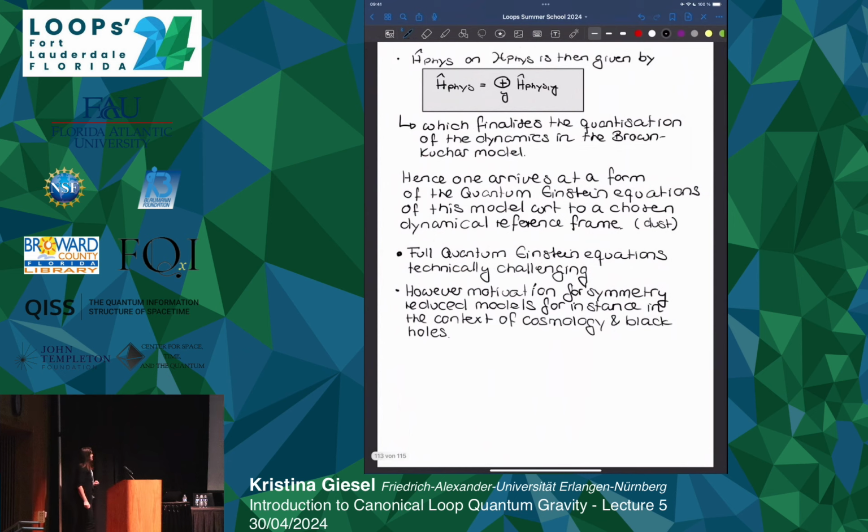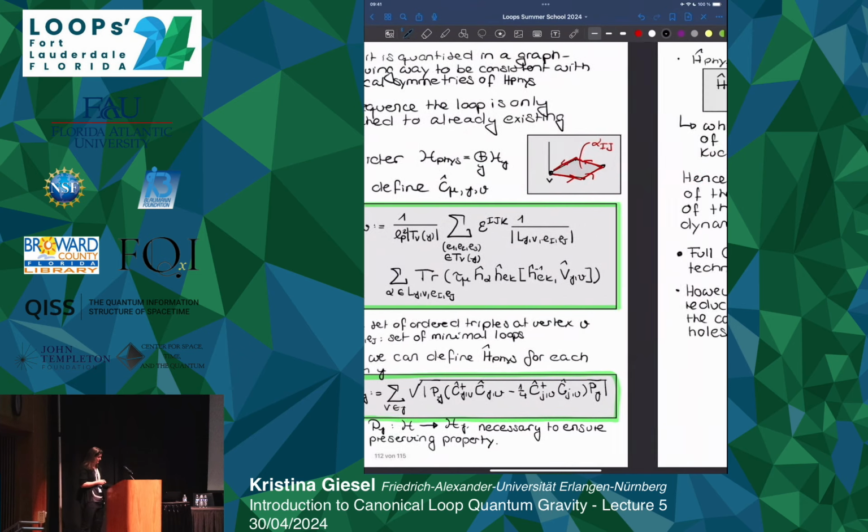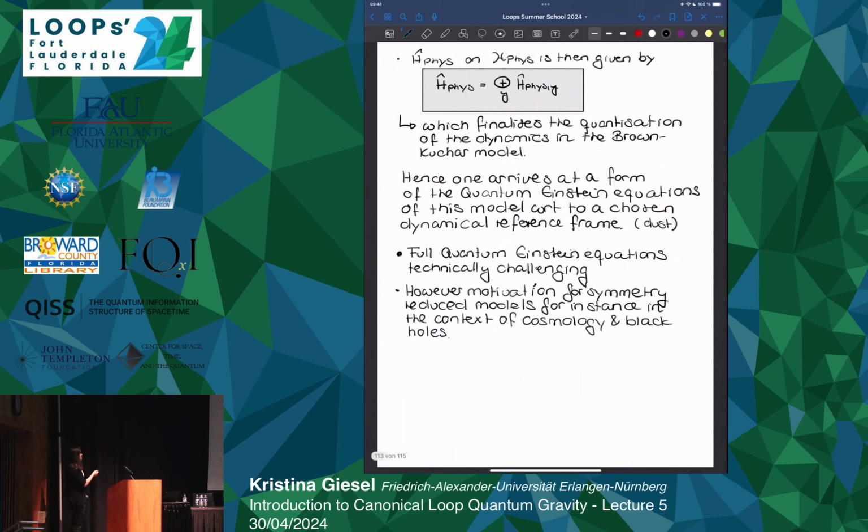Now, given the fact that we discussed yesterday that we can decompose our full Hilbert space into individual graph Hilbert spaces, we have now defined the physical Hamiltonian on each graph. And then we can define the final operator as the composition of all these graph operators.